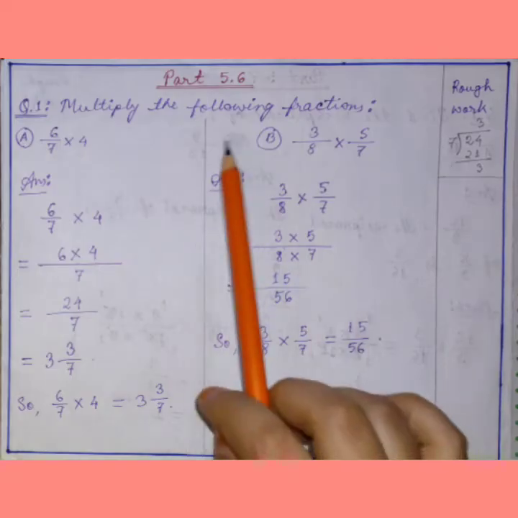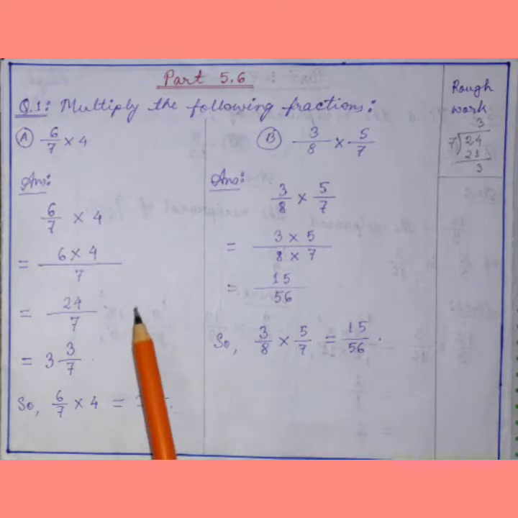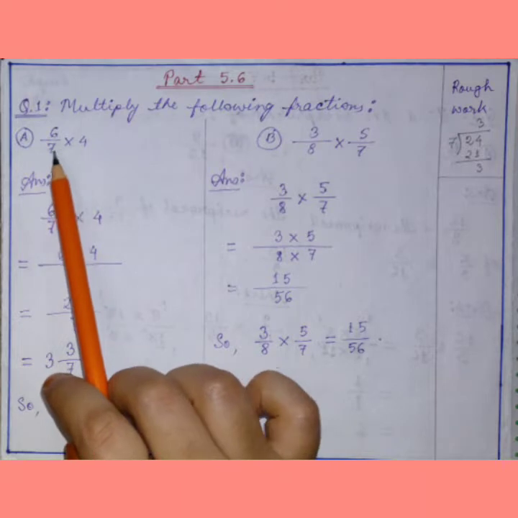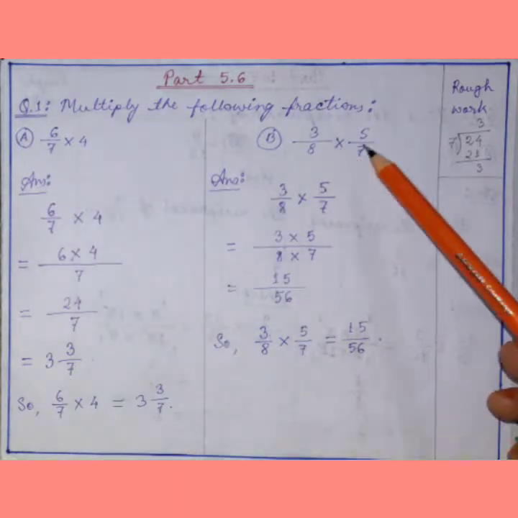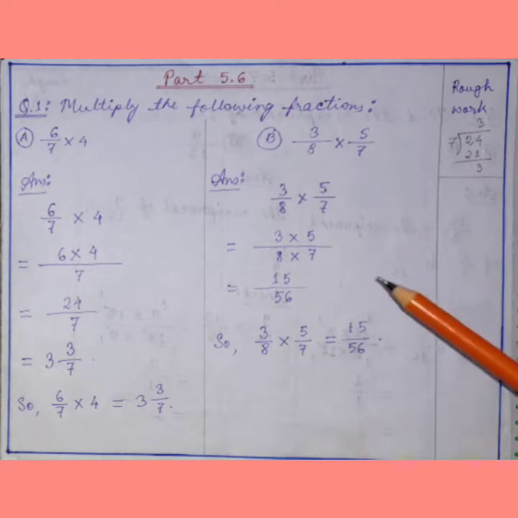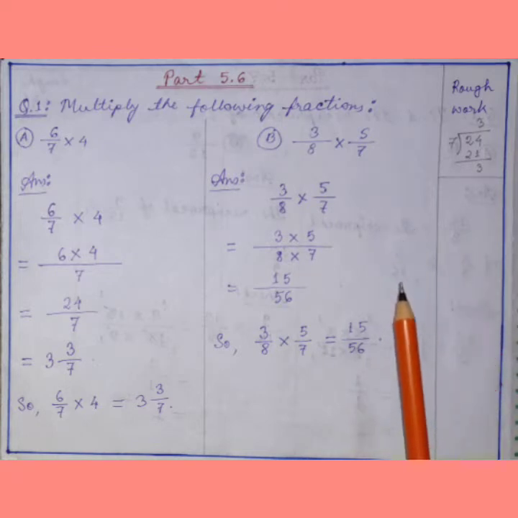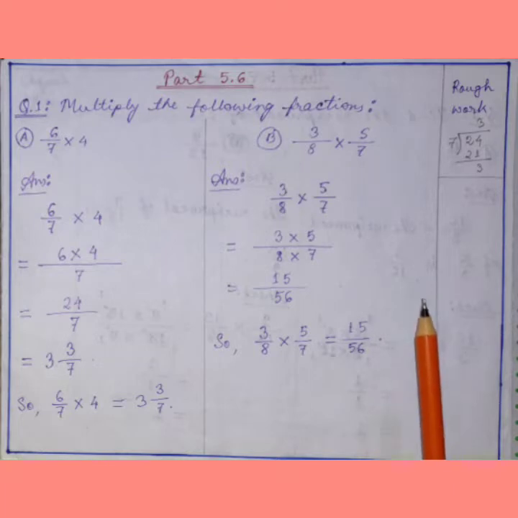In part 5.6, we learned how to multiply a fraction by a whole number and how to multiply two fractions. Today we have to discuss the answers of home assignment part 5.7, right? So let's start our class.